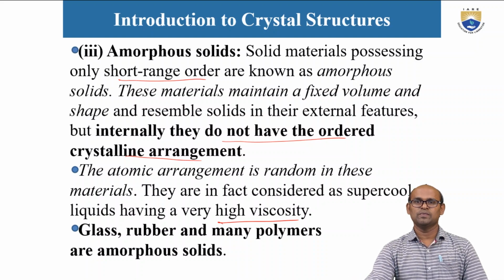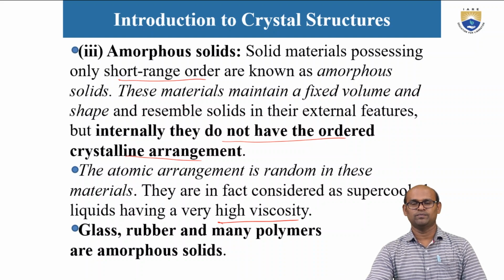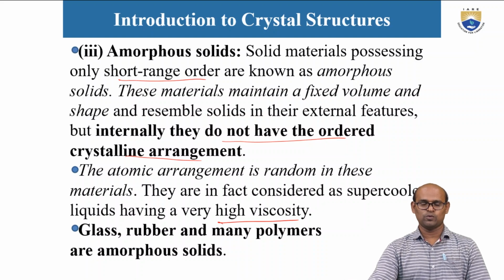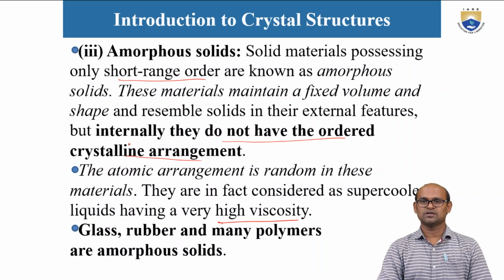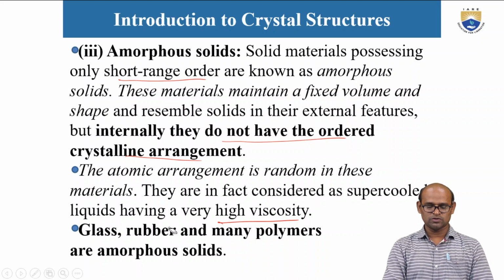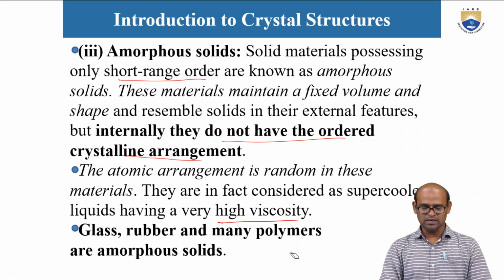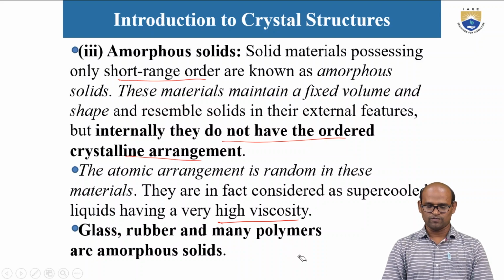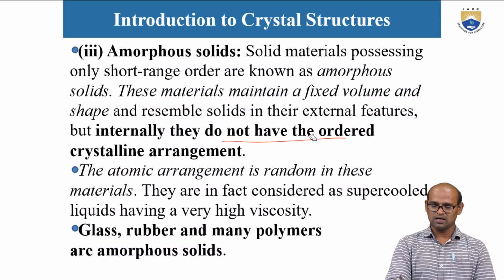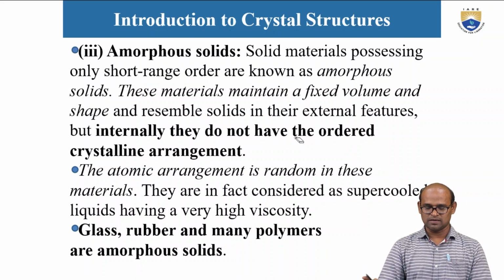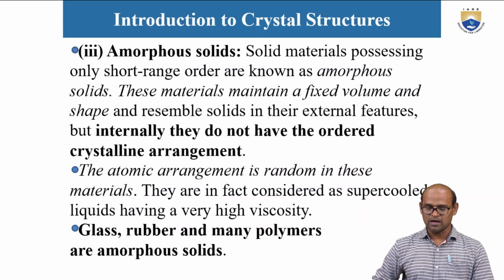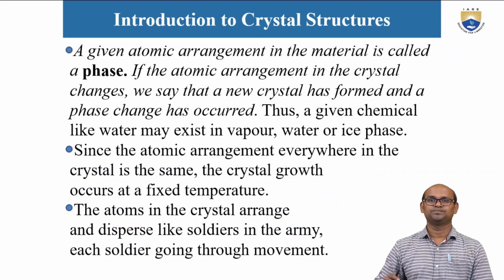When you touch these materials, you feel like they are solids, but they do not possess any internal crystalline arrangement. The examples of amorphous solids are glass, rubber, and many polymers, and they have high viscosity.